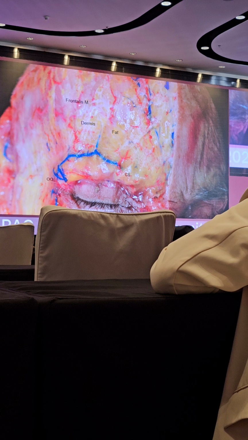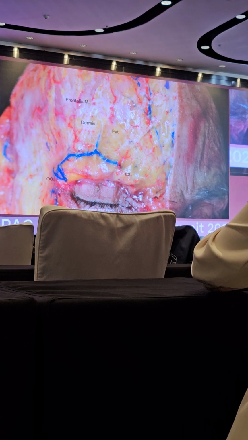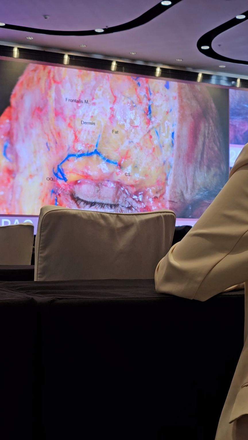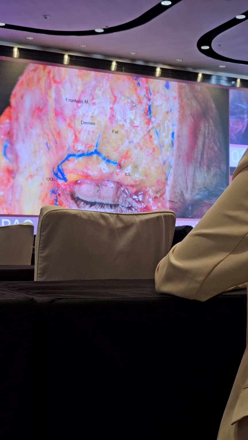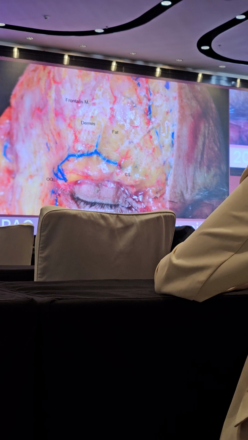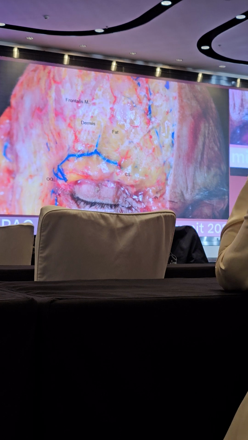When we talk about functional groups like agonist and antagonist, most of the studies were done in the upper third of the face, because we have been using toxins for so long. Here we know how frontalis is an elevator, and all the other muscles, be it corrugator, orbicularis oculi, procerus or depressor supercilii, are depressors.